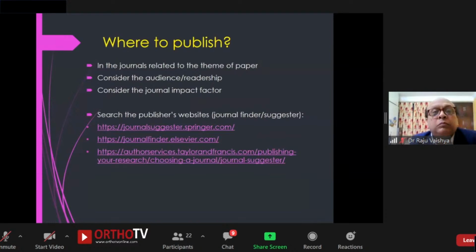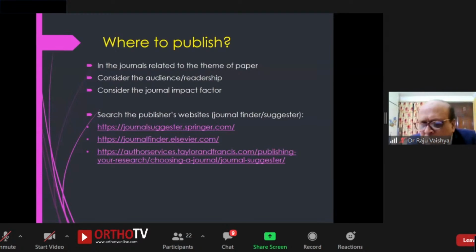There are several journals available where you can send your research, and finding a suitable journal is also an important part of publication. It is based on the theme of your paper and the contents of your paper. You should also consider the audience and readership that you are aiming for, and also the quality and the reputation of the journal in which you are likely to send your paper, by its impact factor and H index.